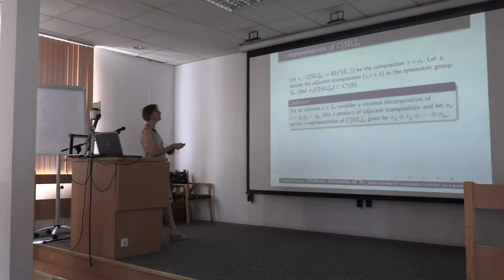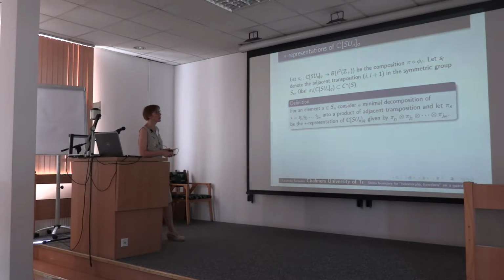I denote by π_i the composition of π and φ_i, and s_i is the transposition which exchanges i and i plus 1. In particular, the image of π_i will be in this C*-algebra, which will be important for me. Then for each element s in S_n, the symmetric group, I consider a minimal decomposition into a product of transpositions and consider π_s to be the star representation of this quantum group given by this tensor product.